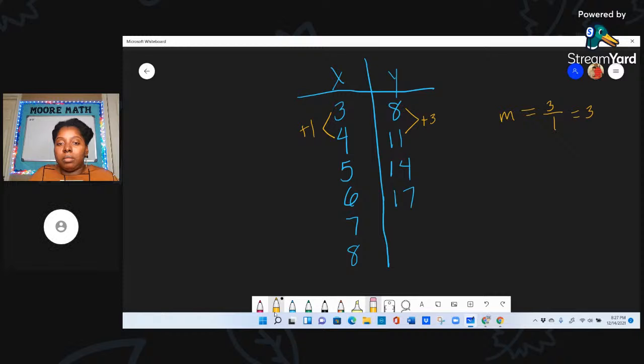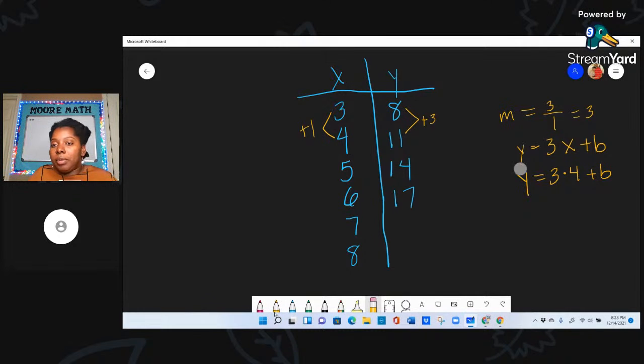And then y equals 3x plus b. Good. Okay. And then y equals 3 times 4 plus b. Okay. So what's y when x is 4?